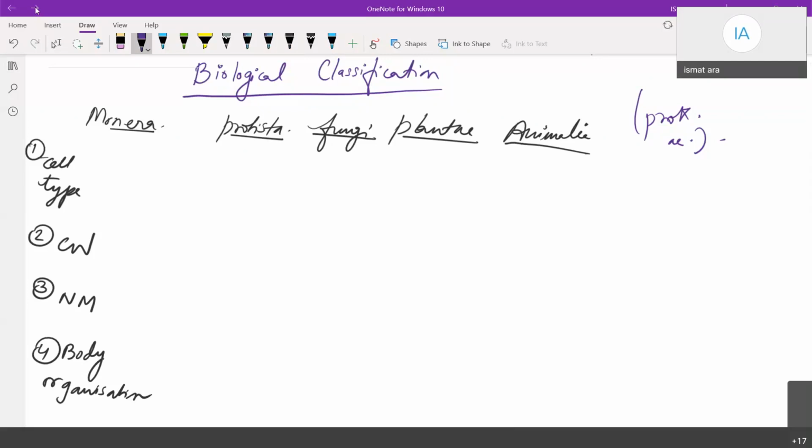So cell type means Monera are prokaryote, Protista eukaryote, Fungi eukaryote, Plantae eukaryote, Animalia eukaryote. Cell wall. In Monera, cell wall is present, but they are non-cellulosic.